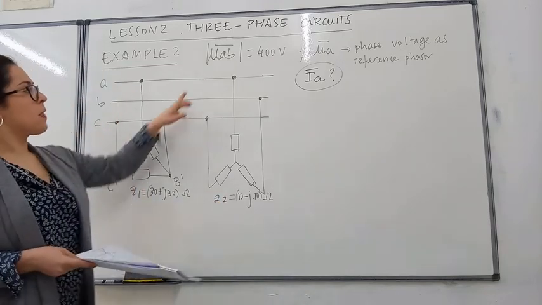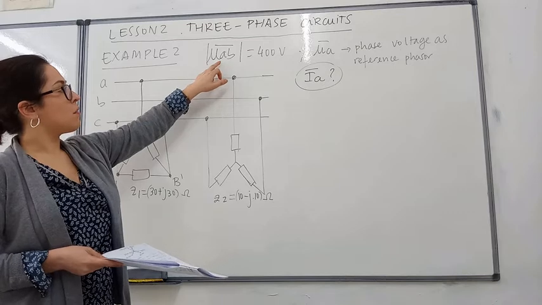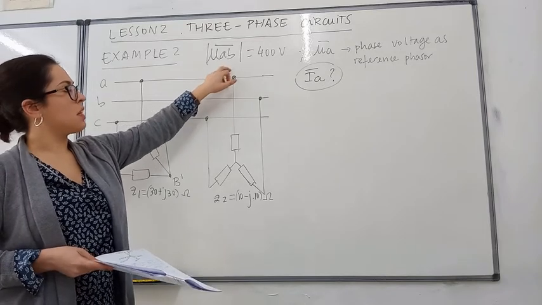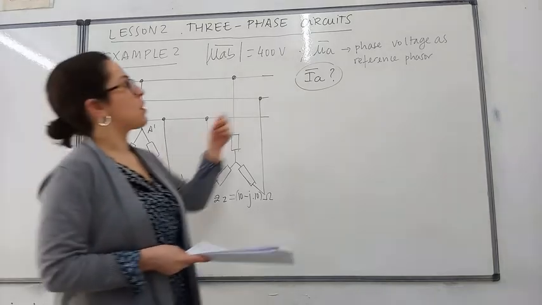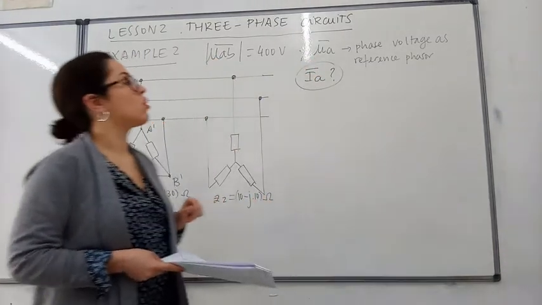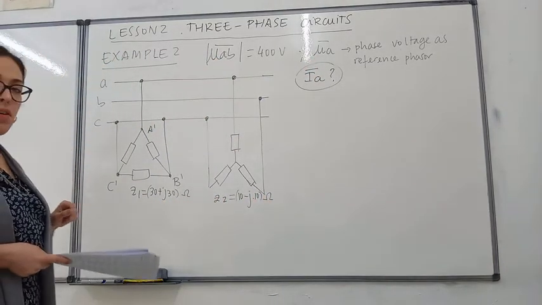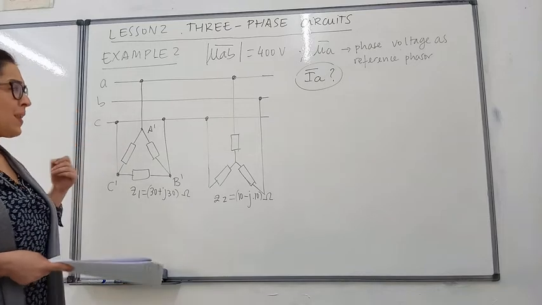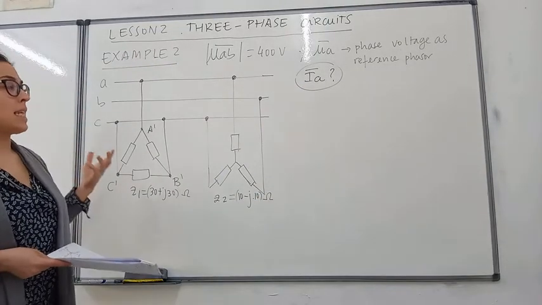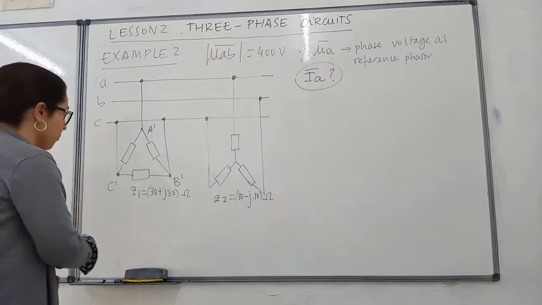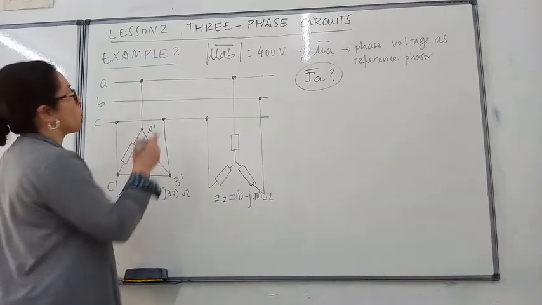They say that the line voltage UAB is 400 volts and that we should consider phase voltage UA as reference phase. Taking that consideration, they ask the value of IA, that is line current A. What is line current A?